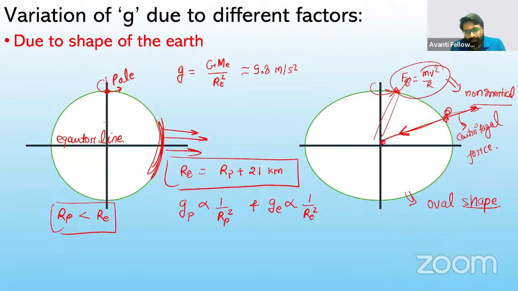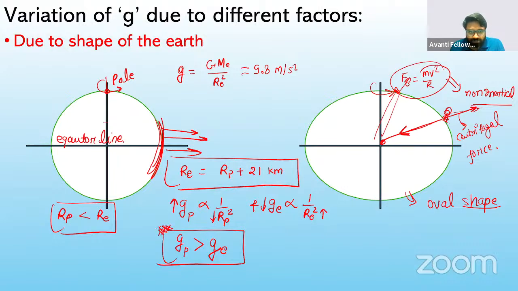So if this value is less, then the gravitation at the pole is greater, and this value is more, so the gravitation at the equator is less. So here we can say that the gravitational acceleration at the pole is greater than the gravitational acceleration at the equator. Okay. So please do remember this. Clear?